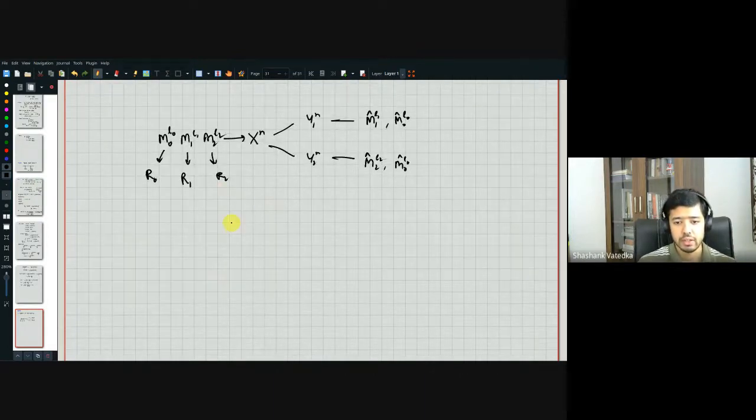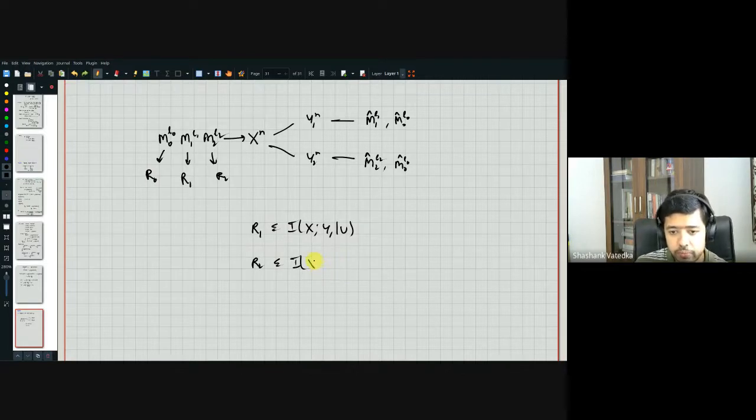We've seen that if you did not have any common message, then the capacity region is R1 less than or equal to I of X; Y1 given U, R2 less than or equal to I of U; Y2, and R1 plus R2 less than or equal to I of X; Y1.